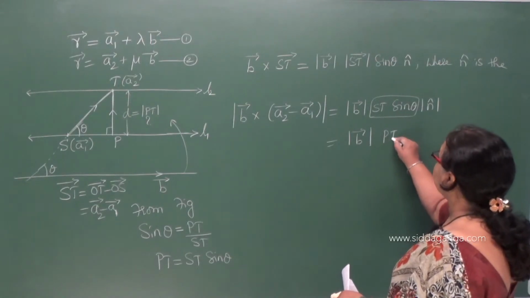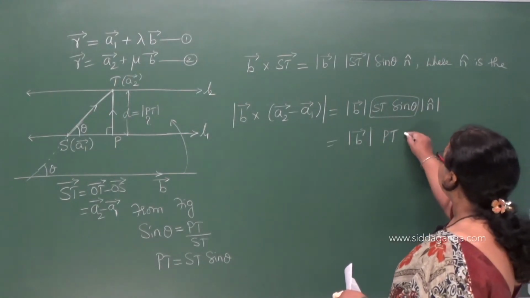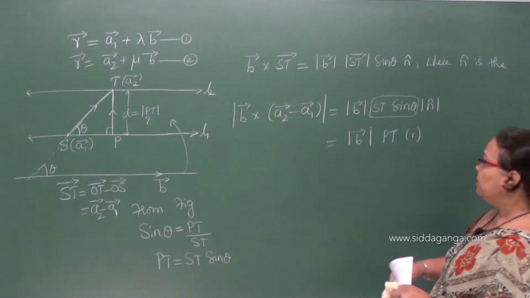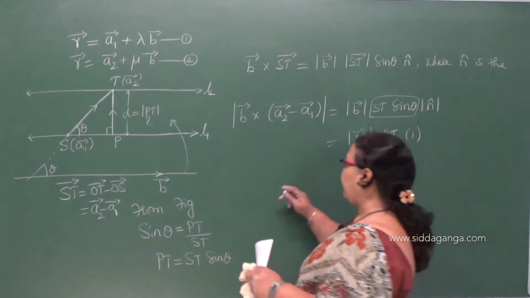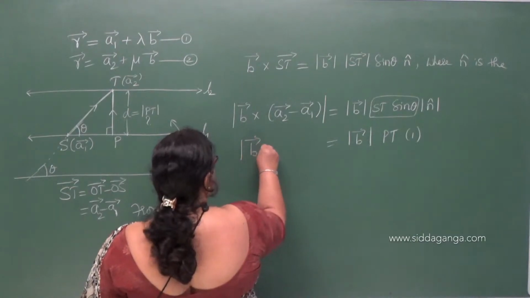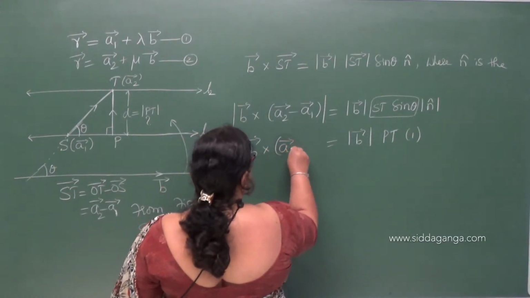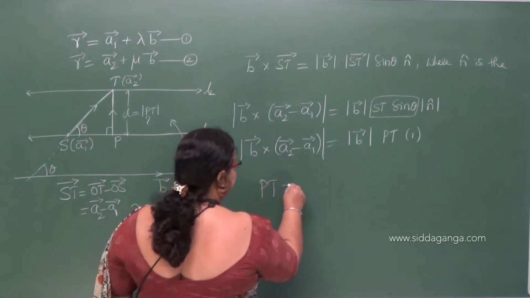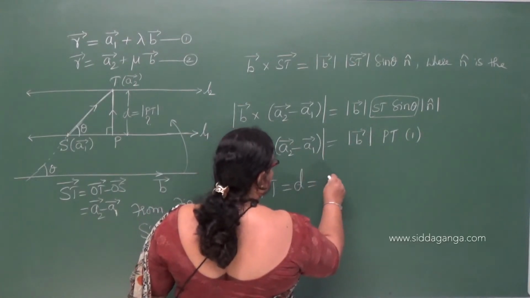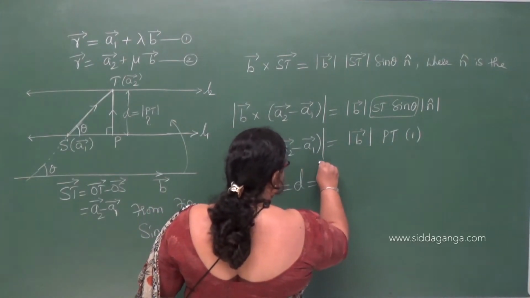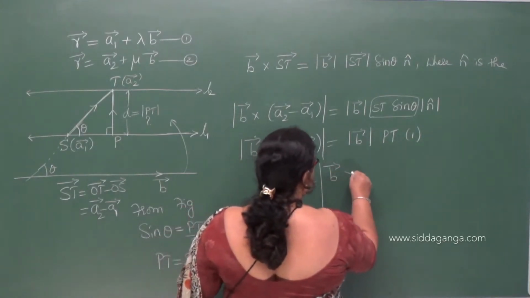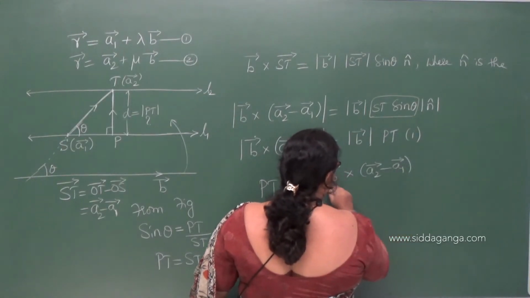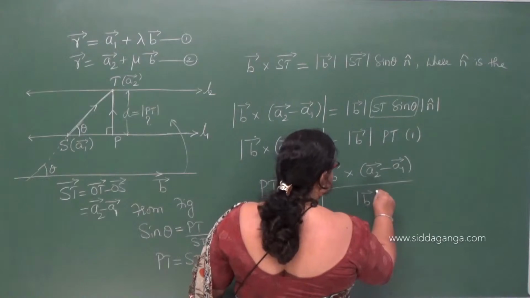PT is also magnitude of vector PT into the magnitude of the unit vector, which is 1. So what we need is PT. Cross multiply with vector A2 minus vector A1. Therefore PT equals vector B cross vector A2 minus vector A1, since both have modulus, divided by magnitude of vector B.